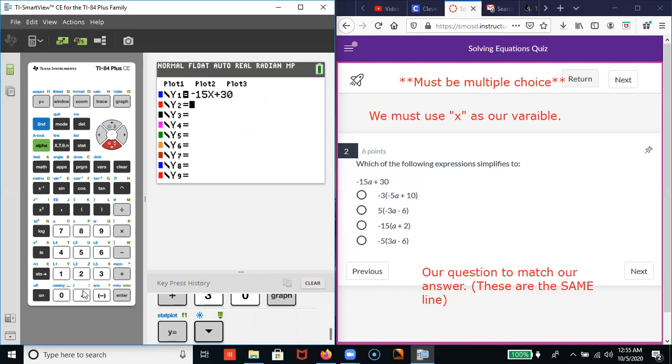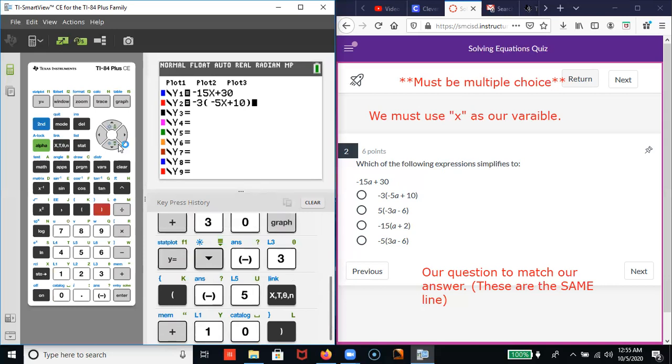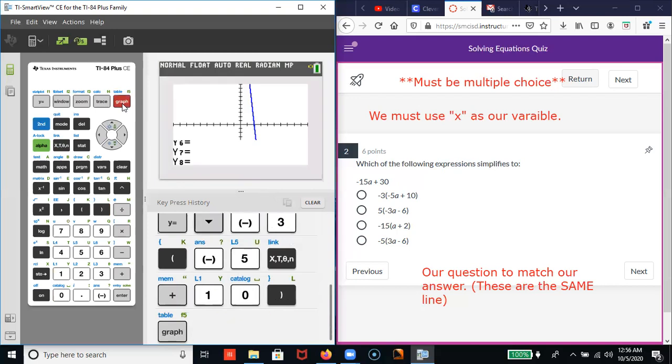So starting with negative 3, so the negative's down here, negative 3, parentheses, negative 5, remember we're using x, not a, x, plus 10, close parentheses. And let's make this a little bit bigger in case any of y'all are watching the buttons that I'm pressing. Okay, so I'm going to press graph. Graph is what's going to make me see what it looks like.